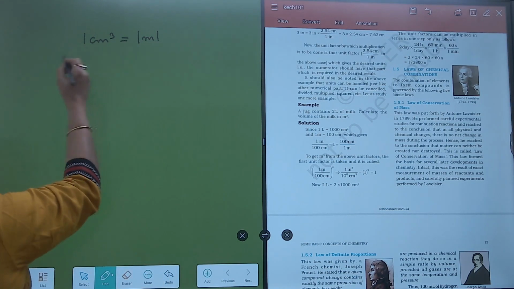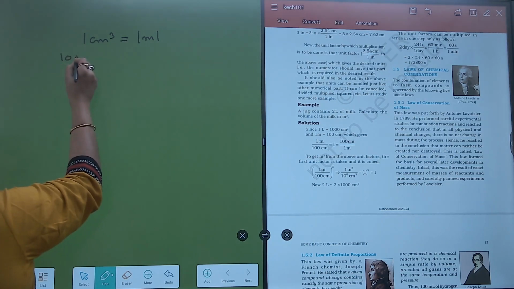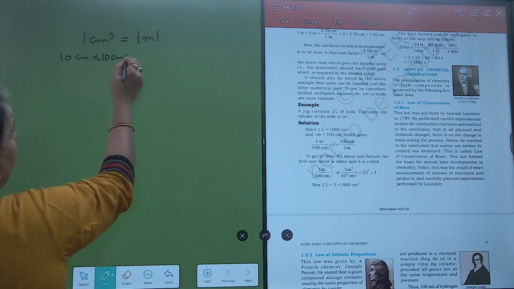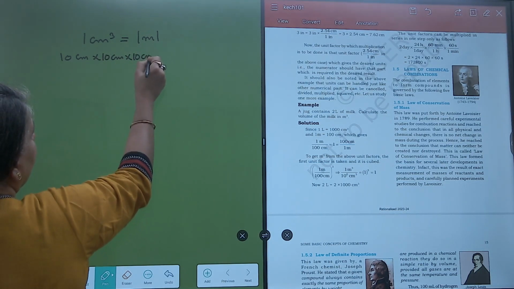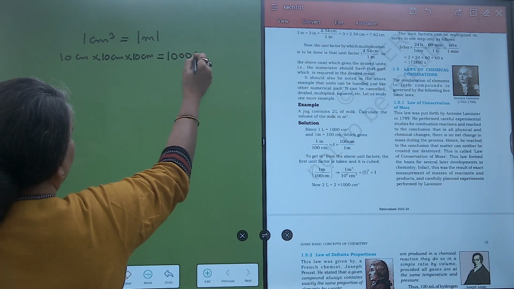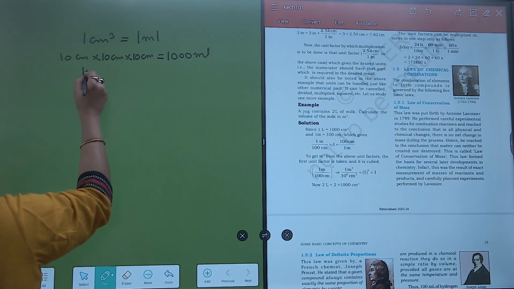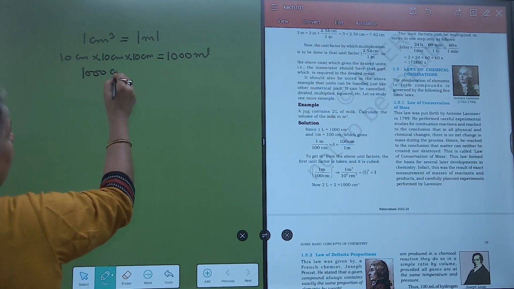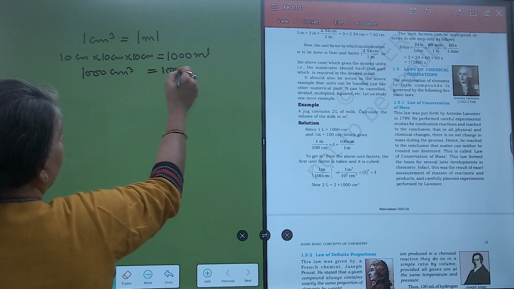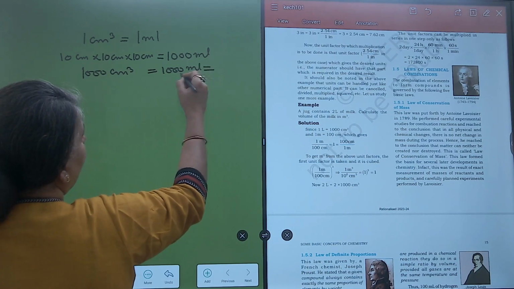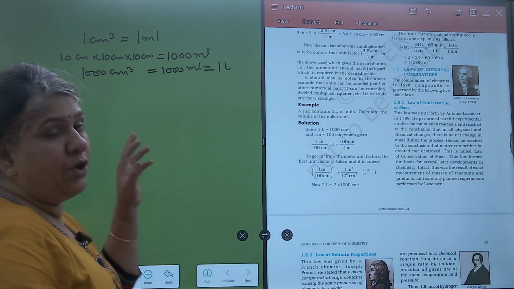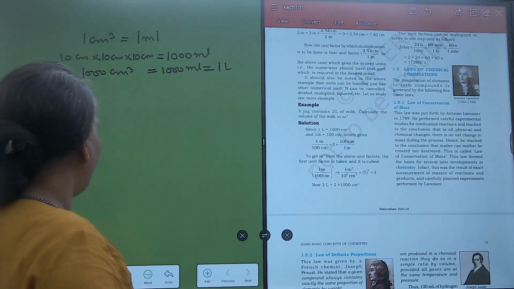Now if we have 1000 centimeter cube, that is 10 centimeter multiplied by 10 centimeter into 10 centimeter, so this will be equal to 1000 milliliter, or you can write 1000 centimeter cube is equal to 1000 milliliter, and we know 1000 milliliter is 1 liter. Okay, conversion of centimeter to meter is already known.